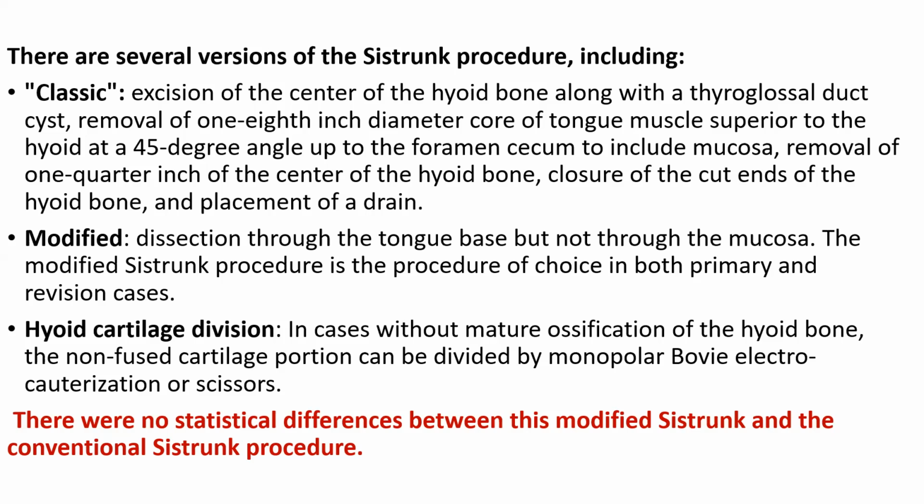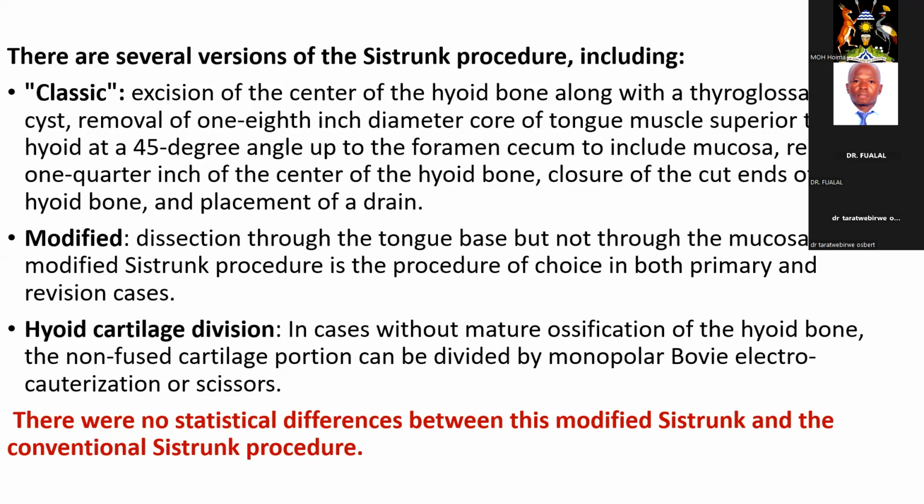So there are also modifications to this. In the modified procedure, we do dissection through the tongue base, but not through the mucosa. The modified cyst trunk procedure is the procedure of choice in both primary and revision cases.